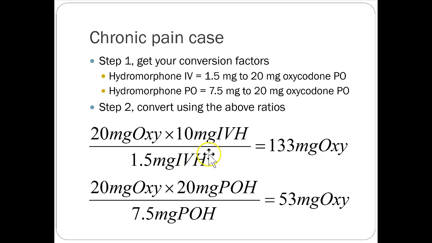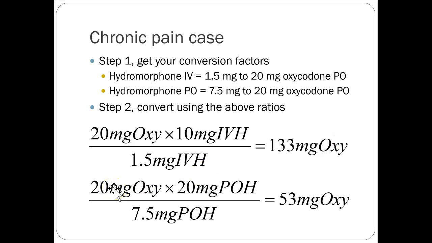I've got H here for hydrocodone, just as an abbreviation, and then times 10 milligrams of IV hydrocodone. So your IV hydrocodones cancel, and you end up with 133 milligrams of oxycodone. It's pretty straightforward. You just have to remember to use your ratios and cancel your units.